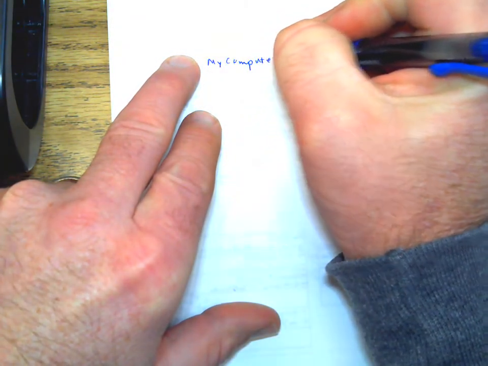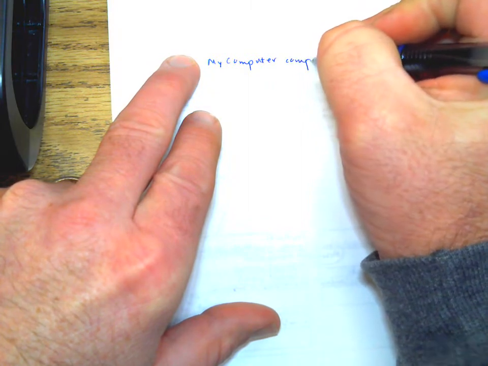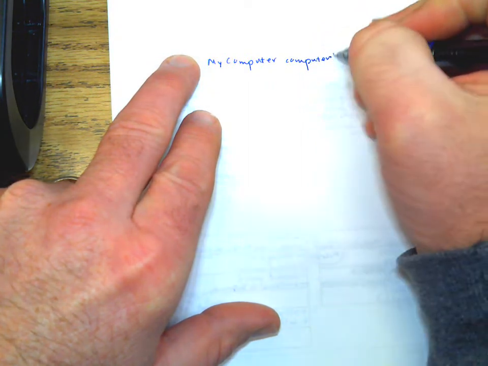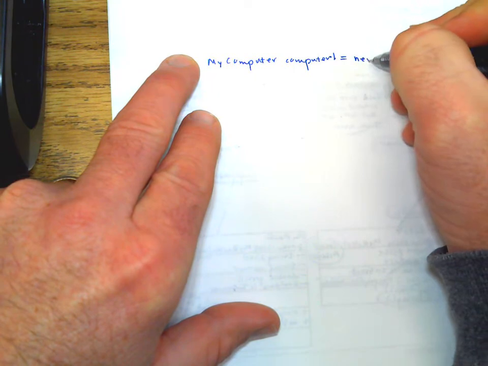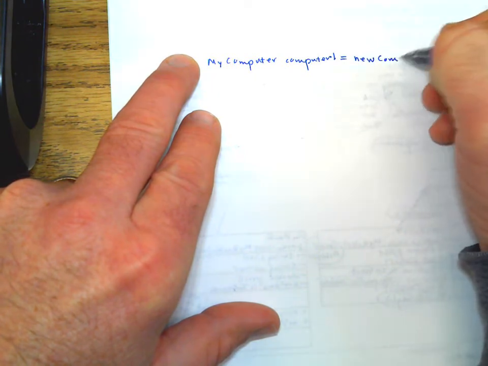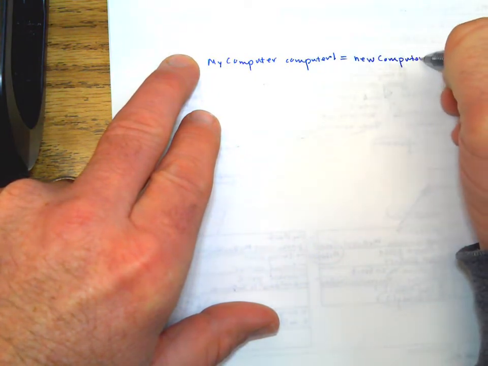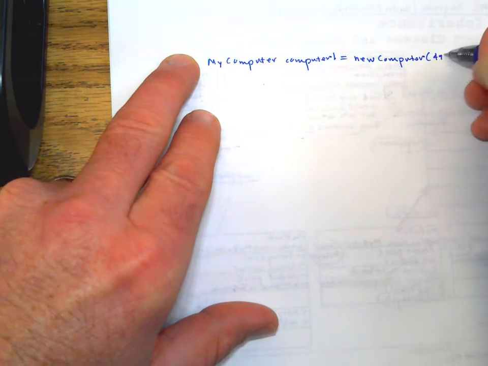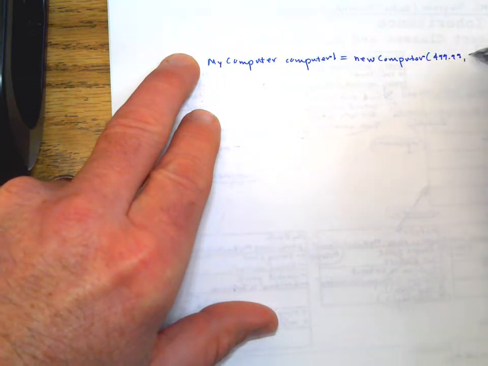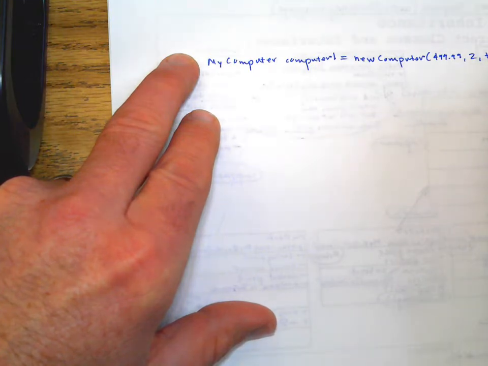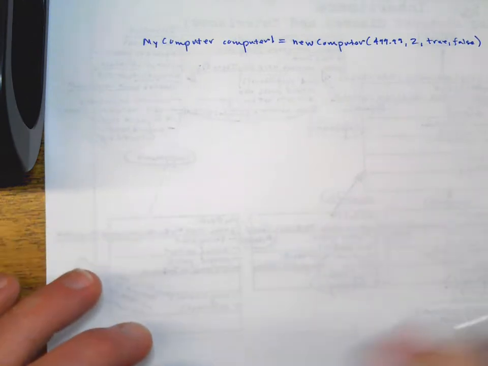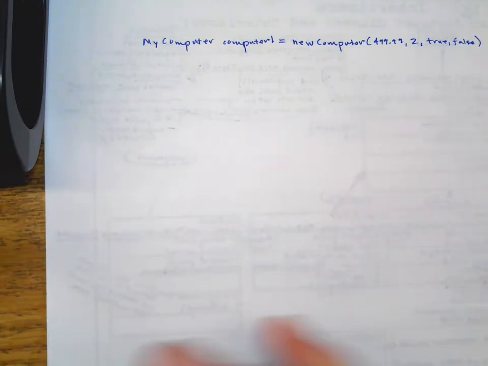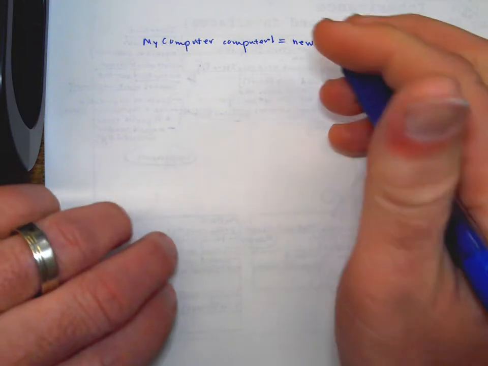Computer1 equals new Computer, and whatever it is, $499.99, 2, true, false, right? Because you need to have at least one that's over 200, less than 200, equal to 200 in stock, and then one that's over 200, equal to 200, less than 200 out of stock.